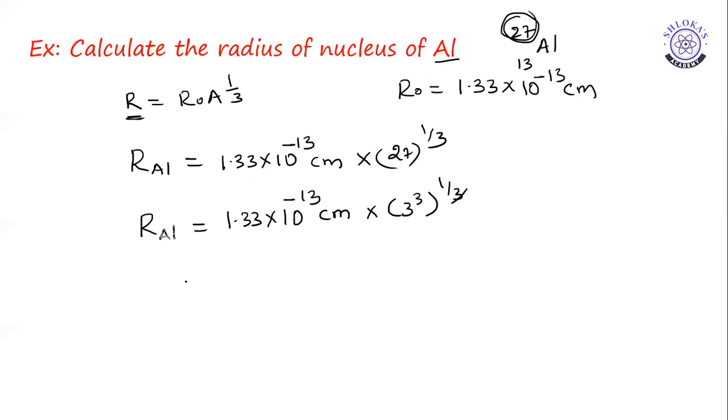Here the 3 gets cancelled. So the radius of aluminum I can get as 4 into 10 to the power of minus 13 centimeters. This is how we can find out the radius of the nucleus of any atom. Understood? All of you note down this problem as an example and the solution also.